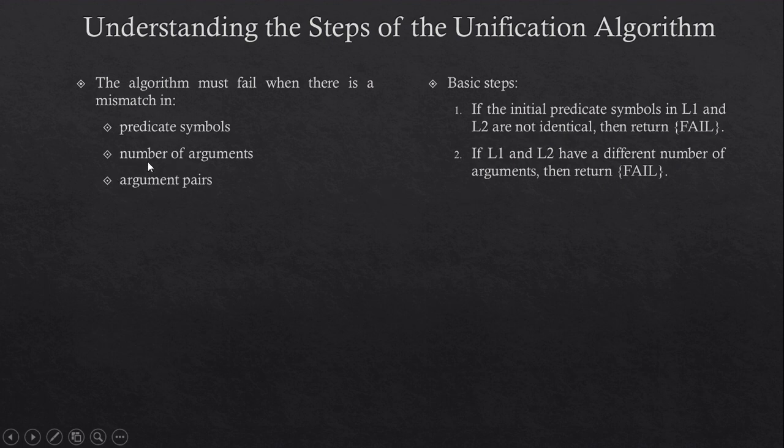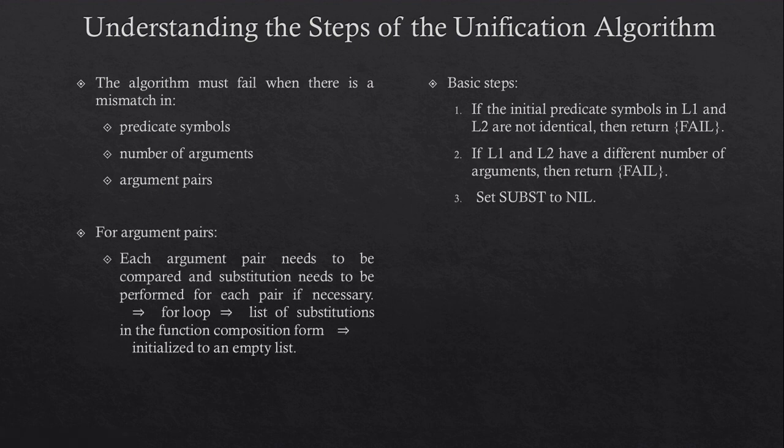Obviously, this is going to be a couple of lines of code. Why? Because there are going to be possibly more than one argument pairs for the predicates that are being compared. Each argument pair needs to be compared and substitution needs to be performed for each pair if necessary.